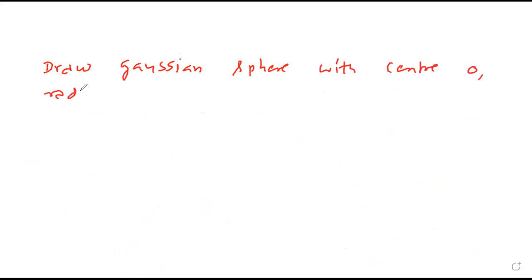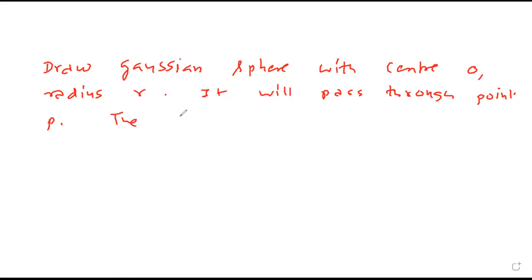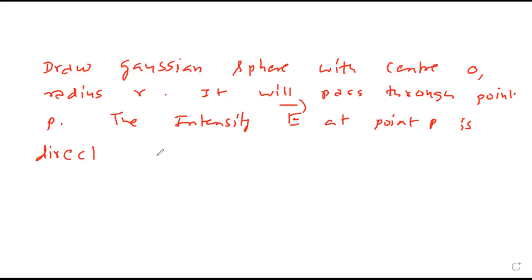Draw Gaussian sphere with center O, radius r. It will pass through point P. The intensity E bar at point P is directed normally outwards.